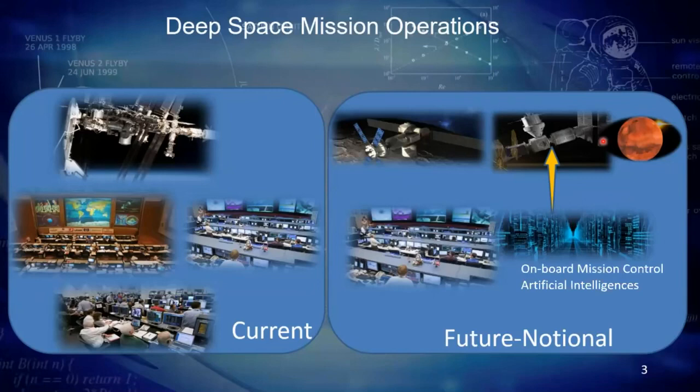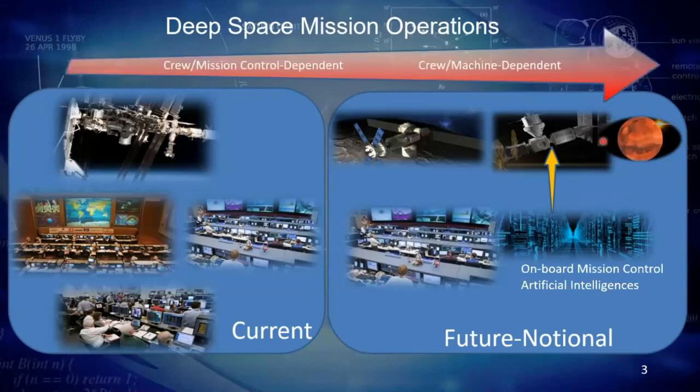So right now we are going from crew dependence on mission control to crew machine dependency, because we're so far away that the crew is going to have to depend on their knowledge, skill, problem solving, creativity, and the machines going to deep space to help them solve complex problems that maybe we didn't train for, because we can't anticipate everything that's going to happen in one of these deep space missions.